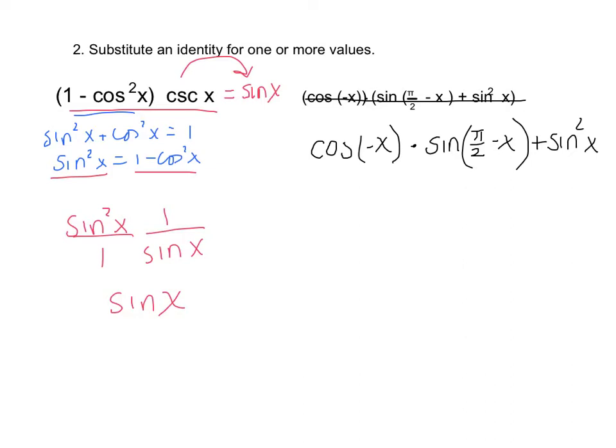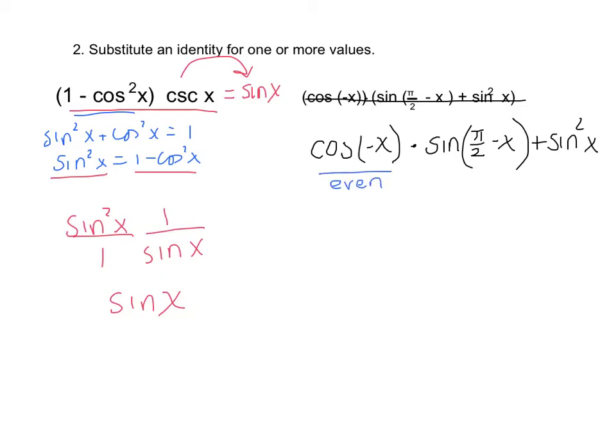Okay, so what I want you to see is that this is from the first video that we looked at. This is the even or odd function. And we remember that cosine is even here. This is a cofunction. So it says that the sine of the other angle is equal to the cosine of x, right? And then this is just sine squared x. All right, so we know that this is even.